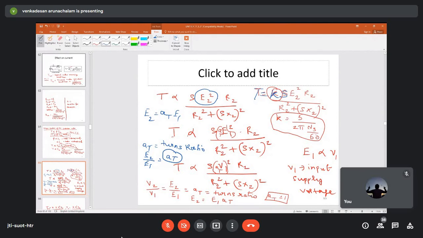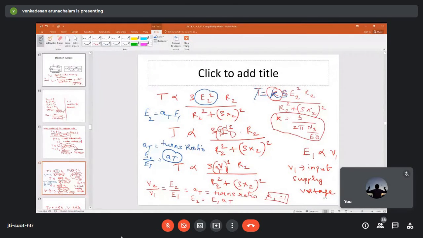What you can understand from this? Can I say induction motor is a transformer? Yes. Because the induction motor working principle is very similar to transformer.